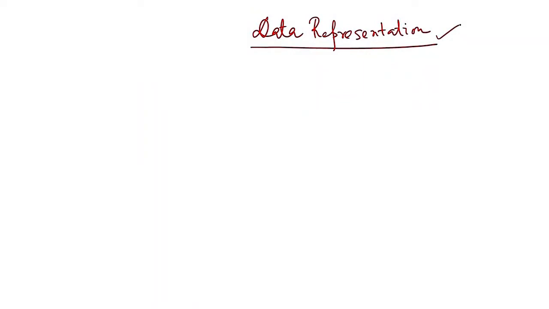Okay. So, I said in the earlier class that while giving the definition of computer system, we talked about the information might be of two types.